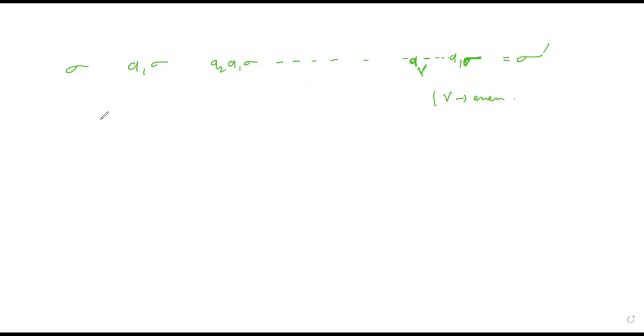So if your a_i are transpositions, we call them permutations of the form alpha beta.